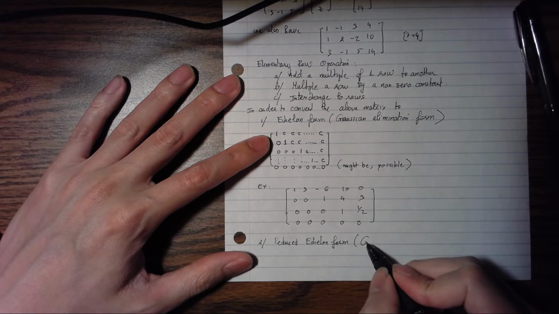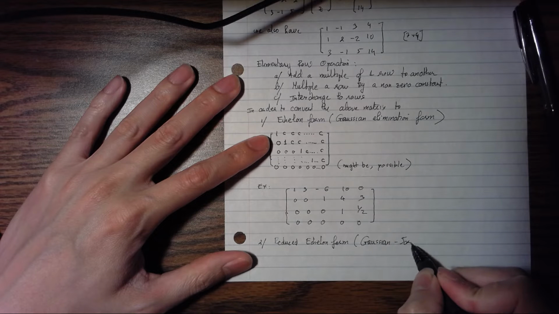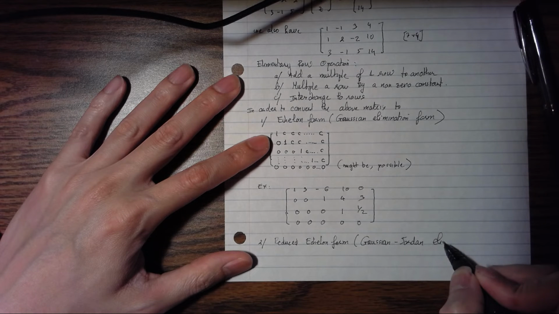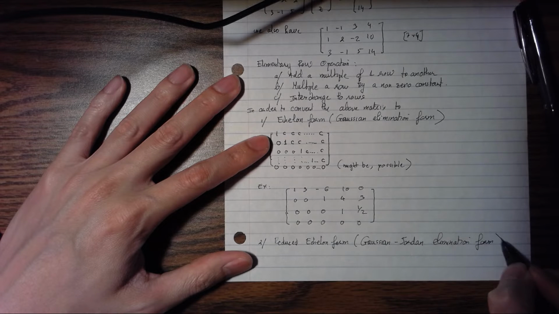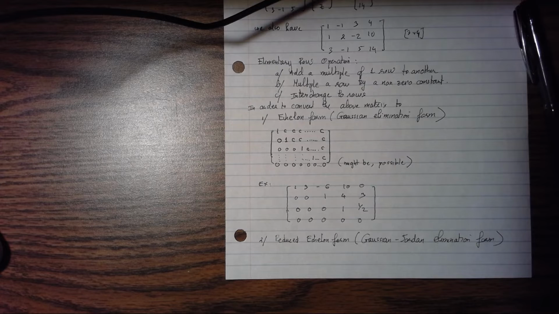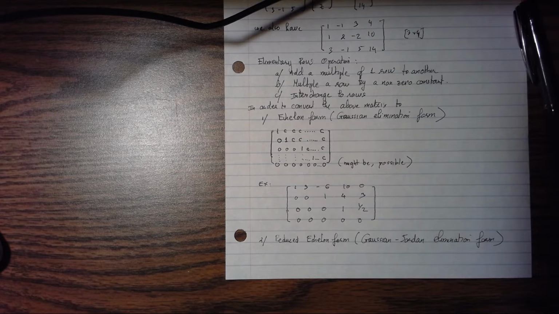Sometimes we call it Gauss-Jordan elimination form. Okay, so the reduced echelon form will have all the conditions of echelon form, plus another rule, plus one more rule.